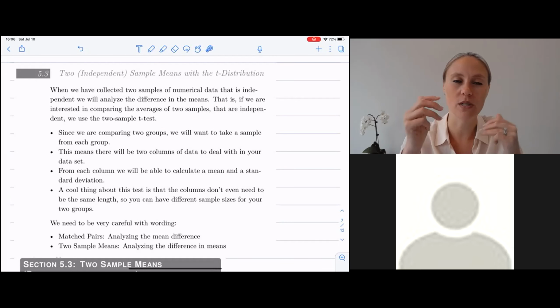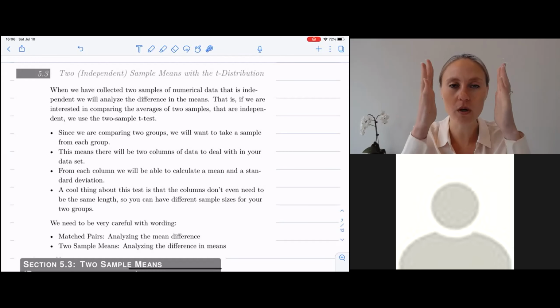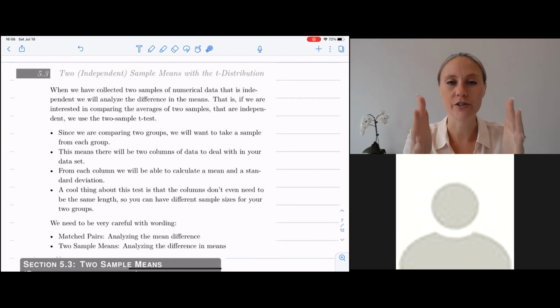We don't know which one to subtract from the other. So we're stuck with two columns of data in your spreadsheet, which means you're going to have a sample size, a mean, and a standard deviation for each of those columns. Now we basically double all the information that we need.